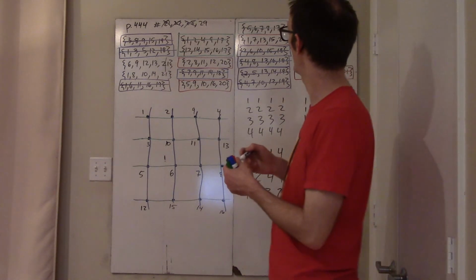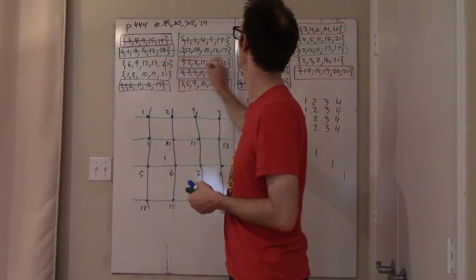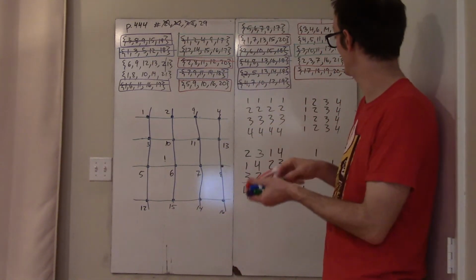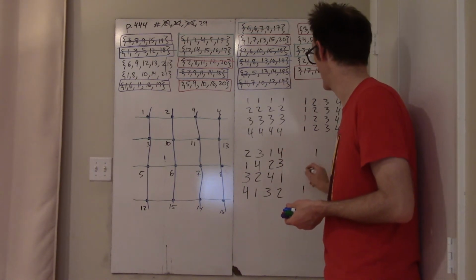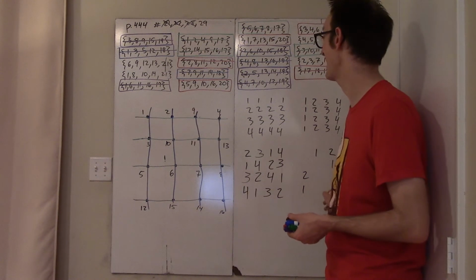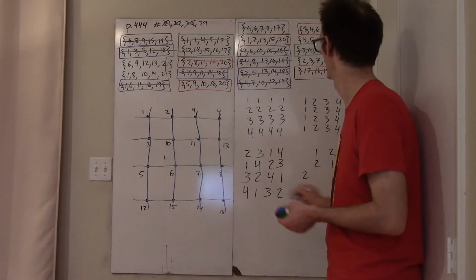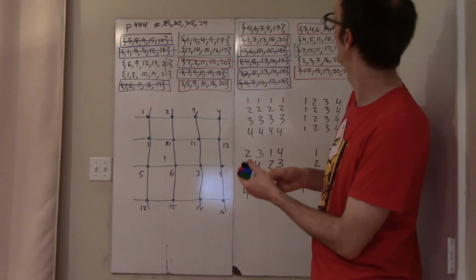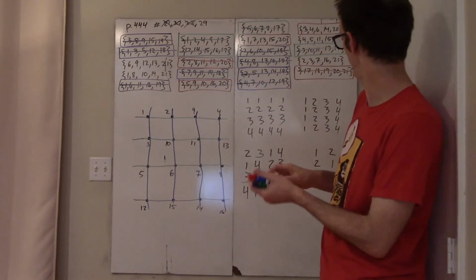Okay. Then we have 5, 9, 10, 16. So that's 5, 9, 10, and 16. Boom. 1, 7, 13, 15.